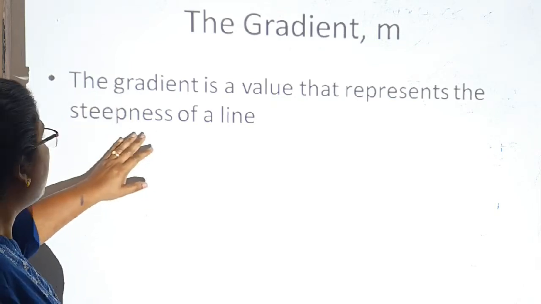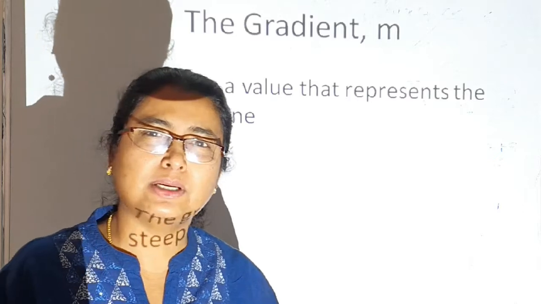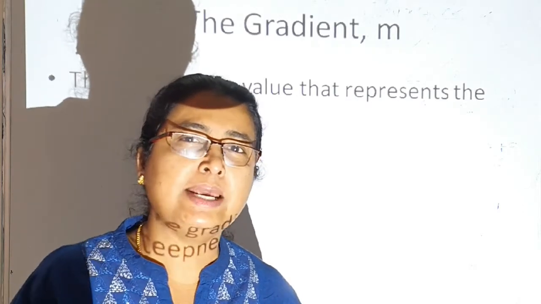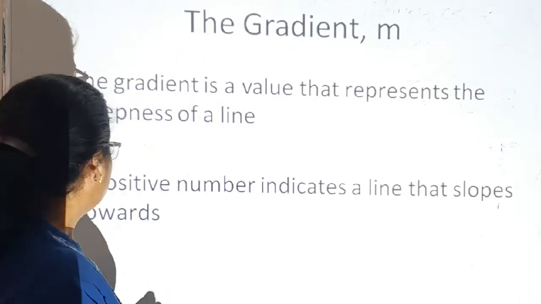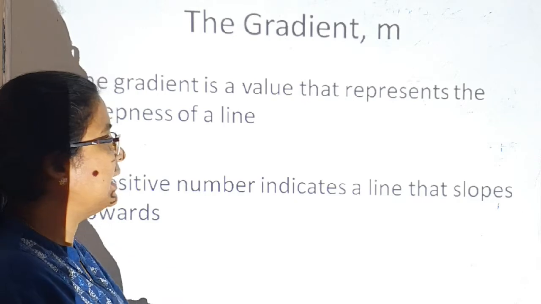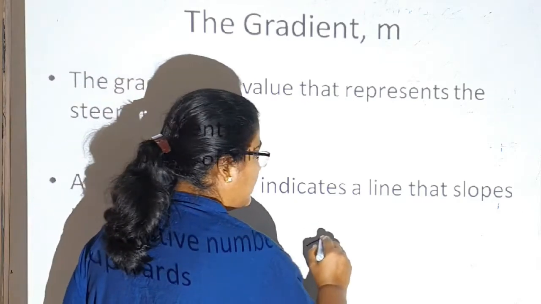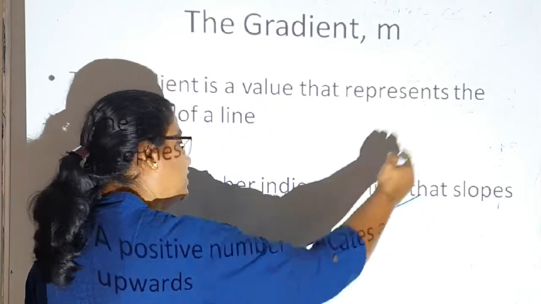So first step, how to find what the gradient is? Gradient, we already learned it. Gradient means the slope or the steepness of a line. So a positive number indicates a line whose slope is moving in the upward direction. If you are moving in this direction, that means the line is moving upward.